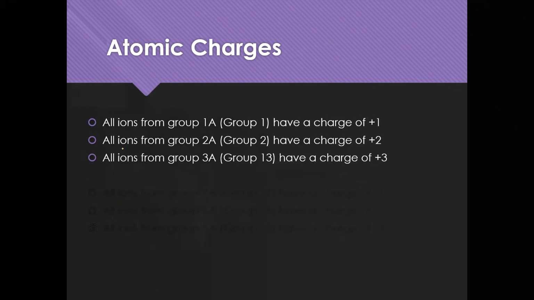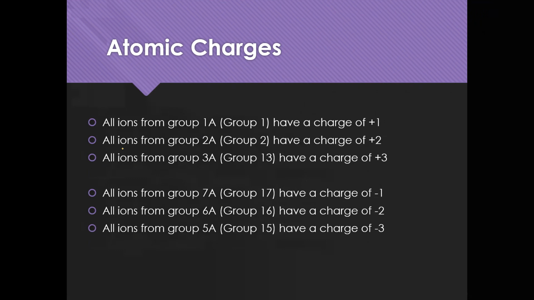And on the other side, elements in group 7A will have a -1 charge because it wants to get up to 8, has 7, goes up to 8. Elements in group 6A, they have 6 valence electrons, so they want to get up to 8. They do it by adding 2 more electrons, so you have -2. And then finally, elements in 5A will want to gain 3 electrons to get up to 8. So they do. They become a -3.